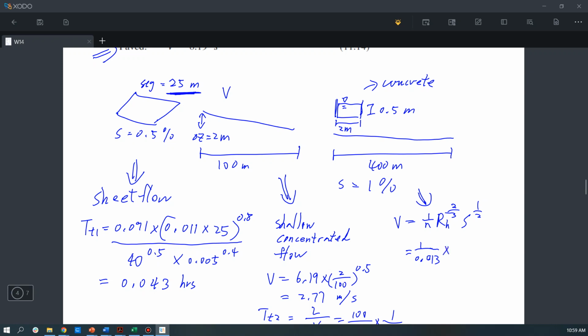The hydraulic radius RH is the area A divided by the wetted perimeter. So the area is 2 times 0.5 divided by P, which is 3 meters, that is 0.5 plus 2 plus 0.5, so it's equal to 3. So we got this RH as 0.333 meter.